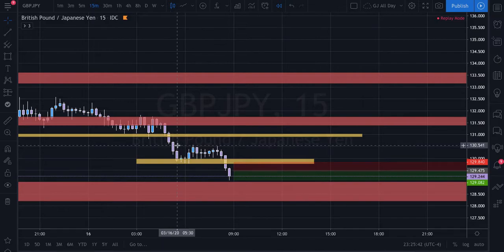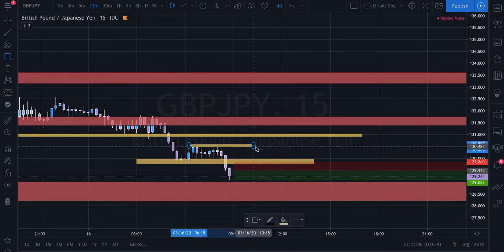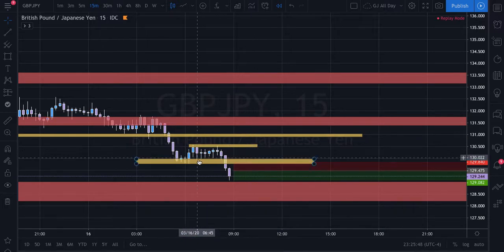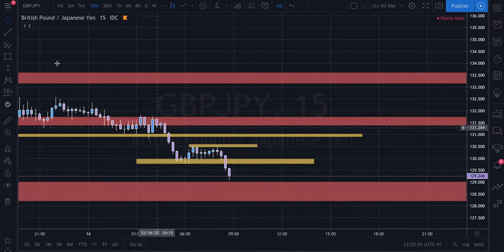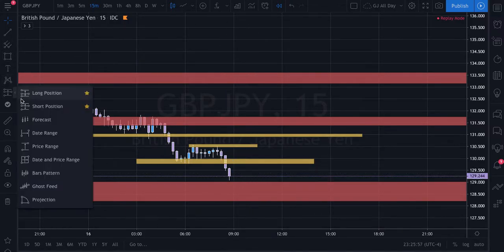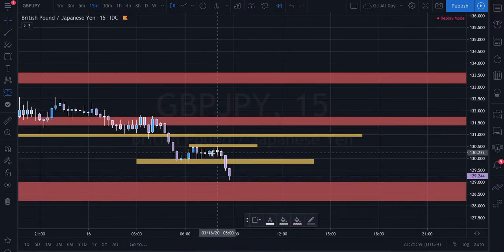It would have had to use the M15 to get in on this. So create a level of resistance and a level of support. Momentum is down, so this probably wouldn't have been a bad trade since this candle engulfed all of these.